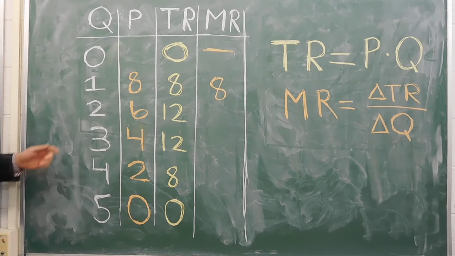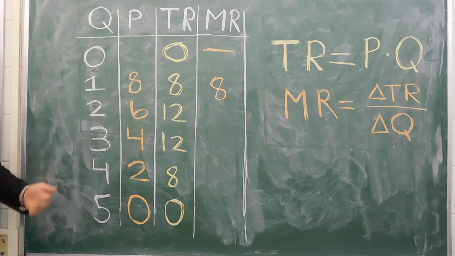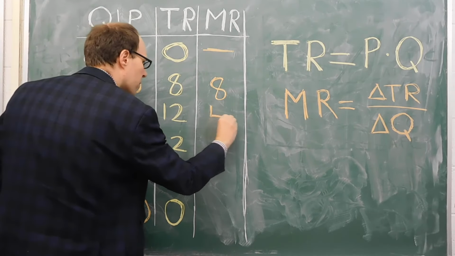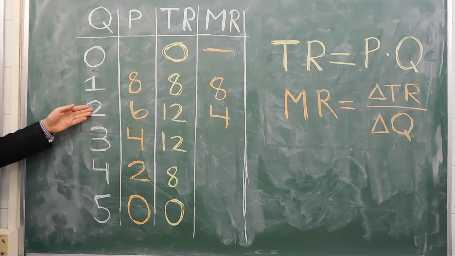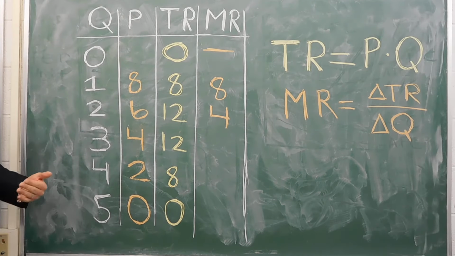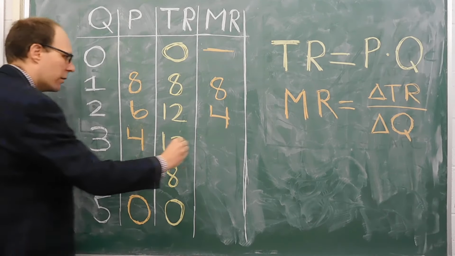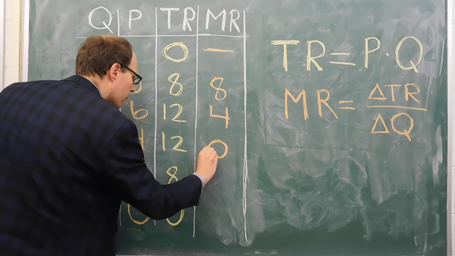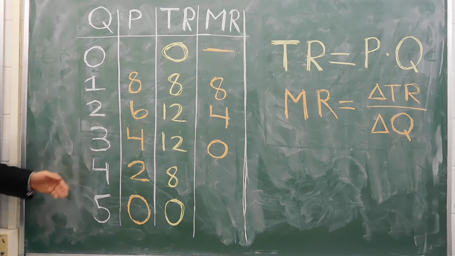At an output of 2, the difference between 8 and 12 is $4 additional. When we go from an output of 2 to 3, we don't gain any additional total revenue. So our marginal revenue is going to be 0. And when we go from 3 to 4, our total revenue is actually going to decline.